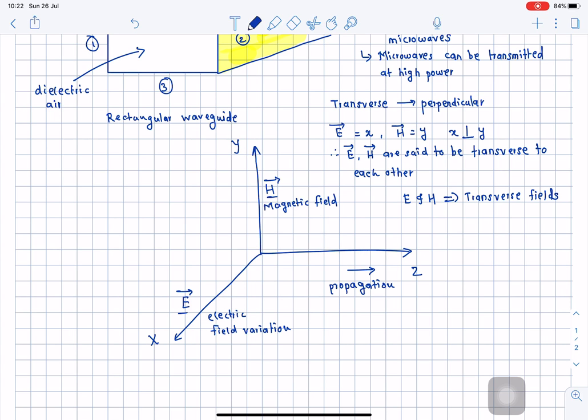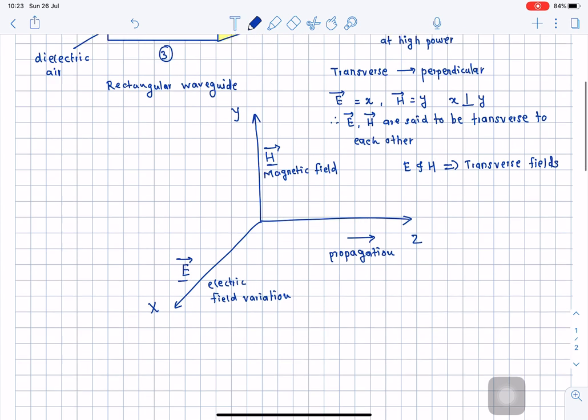So we know that along the x-axis there is an electric field, and along the y-axis there is a magnetic field. So the fields which exist along the x-axis and y-axis are transverse fields. Both fields, the electric field and magnetic field, propagate along the z direction, giving rise to the third vector. So the z direction we call a longitudinal field.